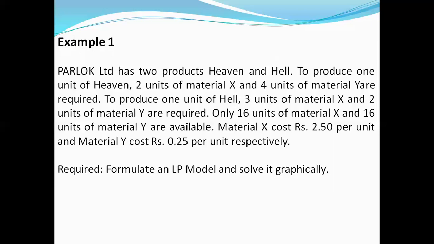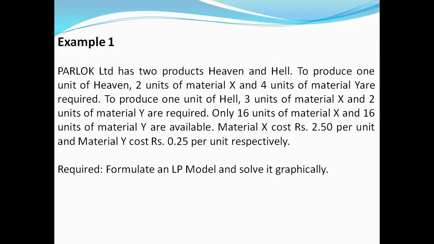To produce one unit of heaven, which is subclassified into different compositions, 2 units of material X and 4 units of material Y are required. So there are two different constraints we have obtained here, X and Y, that is 2 units of X and 4 units of Y material.